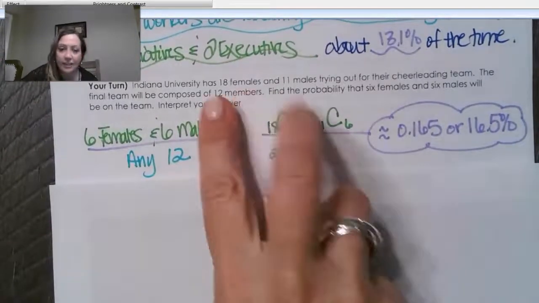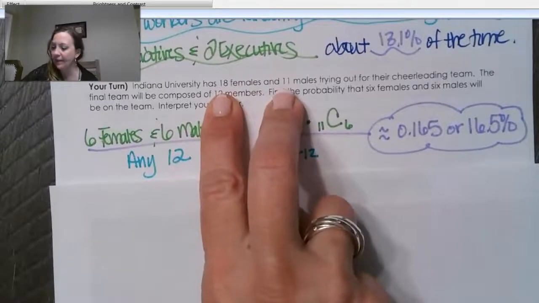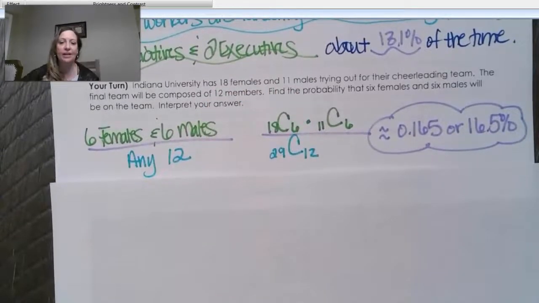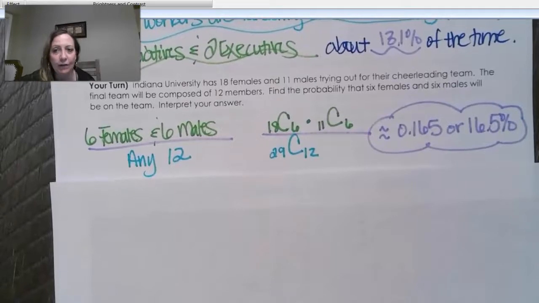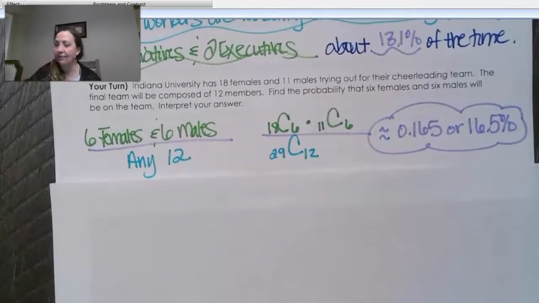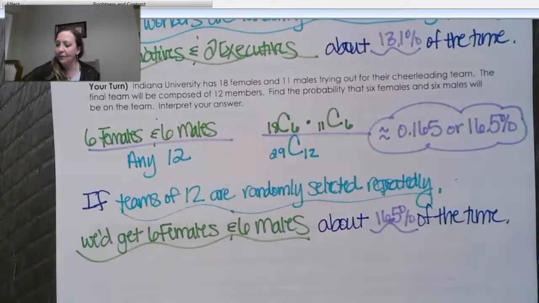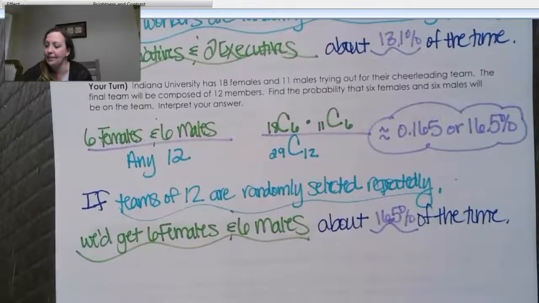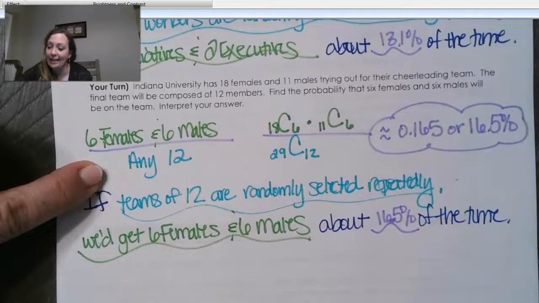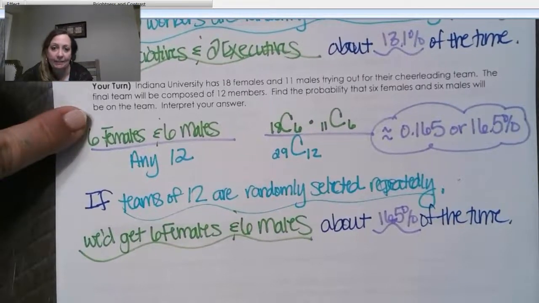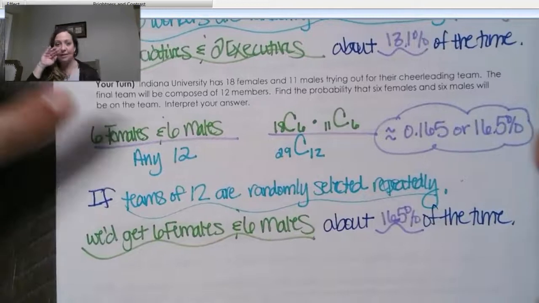There are 29 altogether. 18 plus 11 gave me the 29. And then we're choosing 12 of those. I got 0.165 or 16.5%. So that means that if teams of 12 are randomly selected repeatedly, we get 6 females and 6 males about 16.5% of the time.